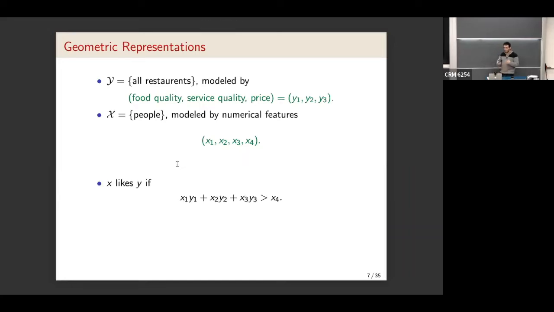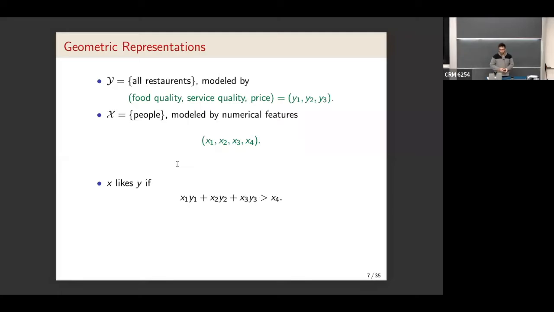So let's assume that a person likes this restaurant if this weighted average, x1 times y1, x2 times y2, x3 times y3, is larger than their threshold x4, right? These coefficients can also be negative, like price is probably negative. You don't want to spend too much money on a restaurant.